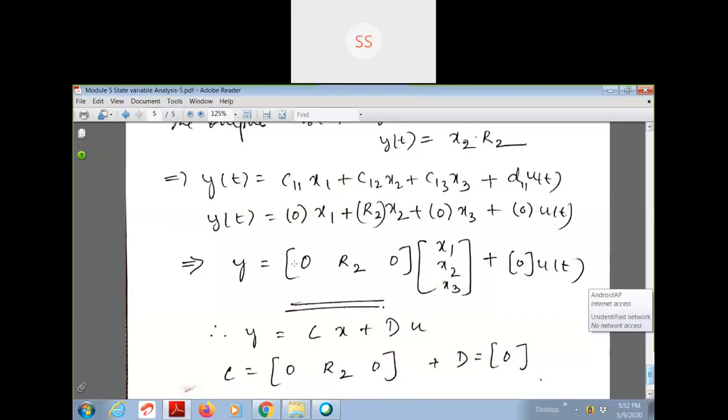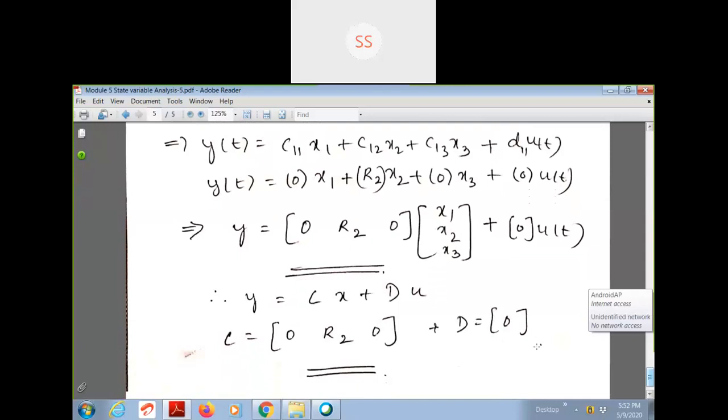It is a 1 cross 3 matrix, 1 row and 3 columns, into x1, x2, x3, plus 0 into u of t, a single element. So comparing with the standard format, C is 0, R2, 0 and D is simply 0.